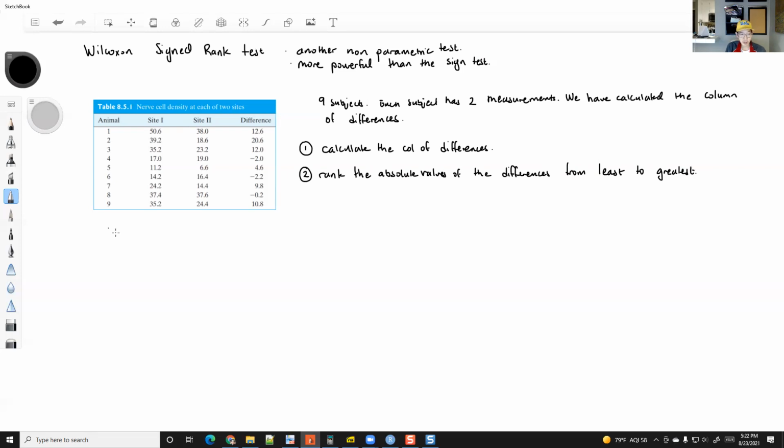So I'll write absolute value of differences in order. So if I go through, what's the smallest absolute value? I've got 0.2. Maybe I'll use a different color here.